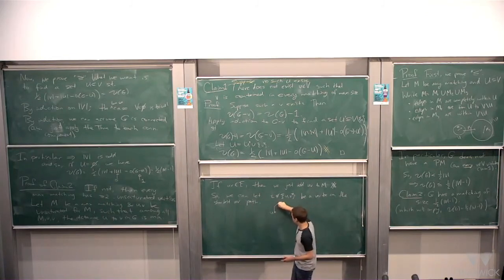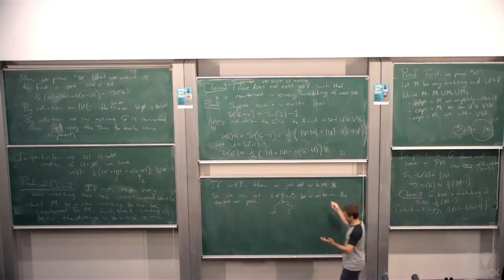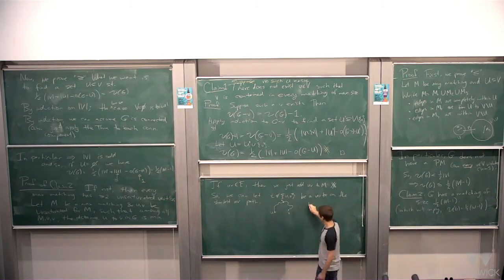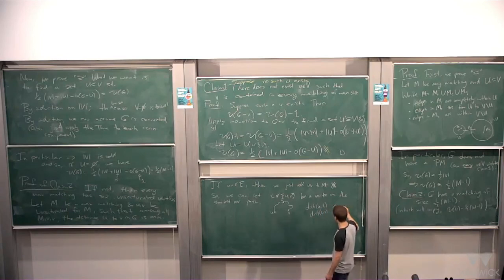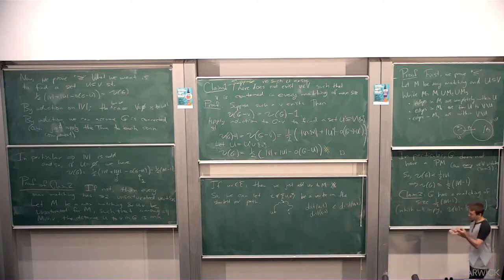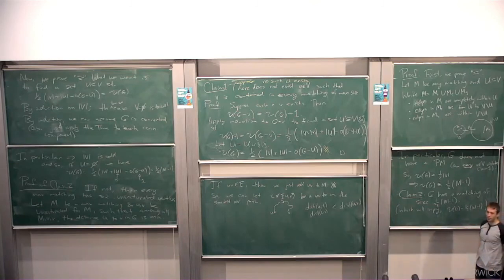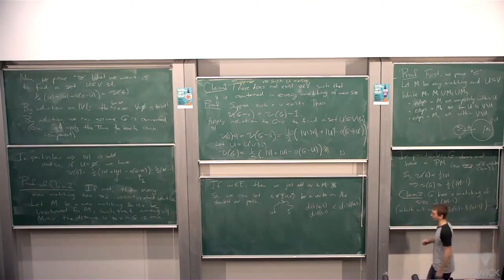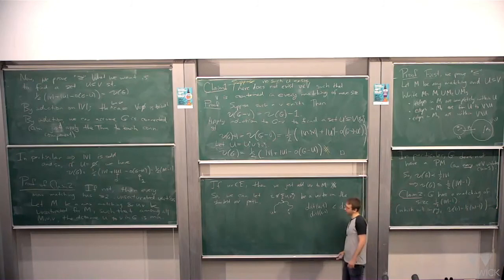But since they're not adjacent, we look at the shortest path, there has to be at least one vertex in the middle somewhere. And a very basic thing is just that since we picked the shortest path, the distance from U to T and the distance from T to V are both less than the distance from U to V, right? Because it's a vertex that's somewhere part way between the two. So it has shorter distance to each of the endpoints, each of U and V.